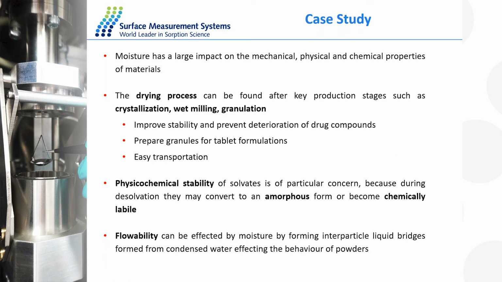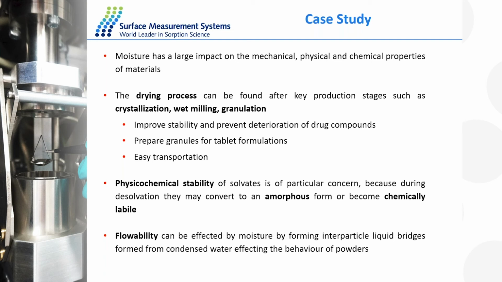And the drying process can be found in key production stages such as crystallization, wet milling, granulation. This can improve stability and prevent deterioration of drug compounds. It can be useful to prepare a granule for tablets and formulation, and is very useful to understand if the product will be good for easy transportation.